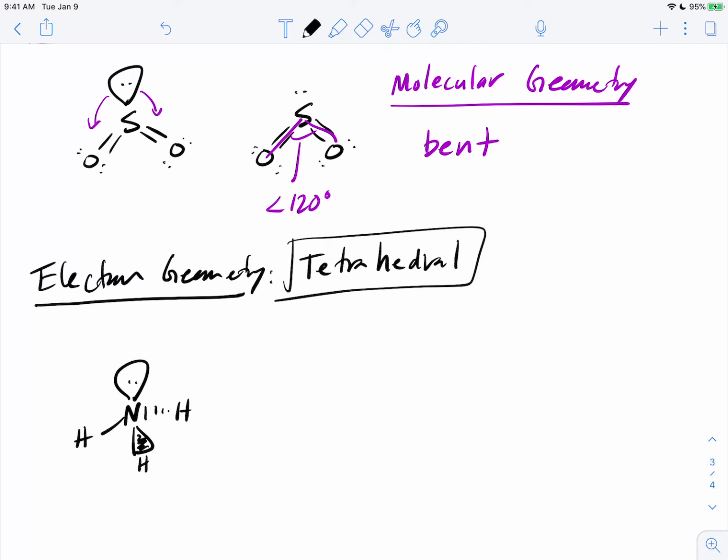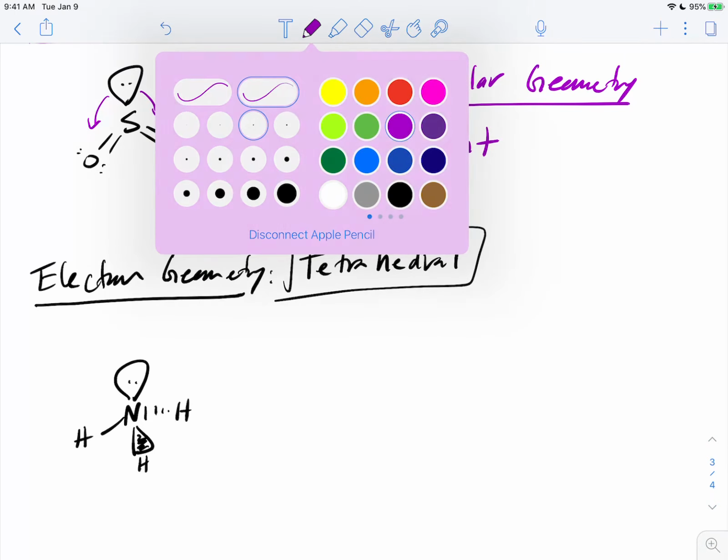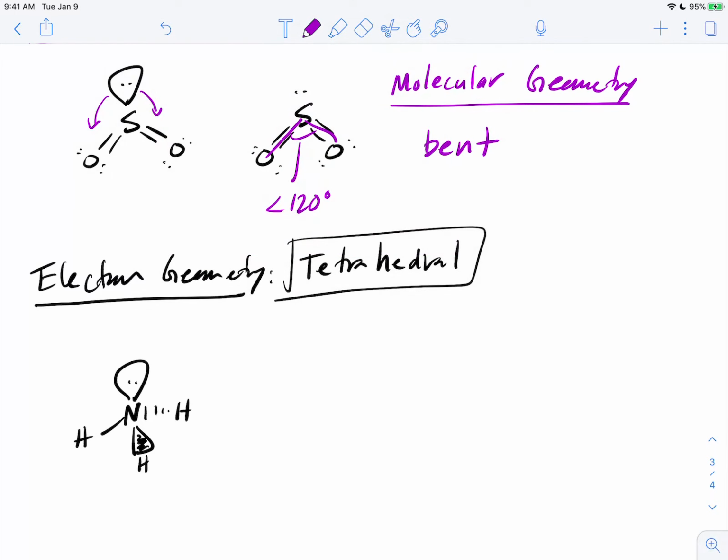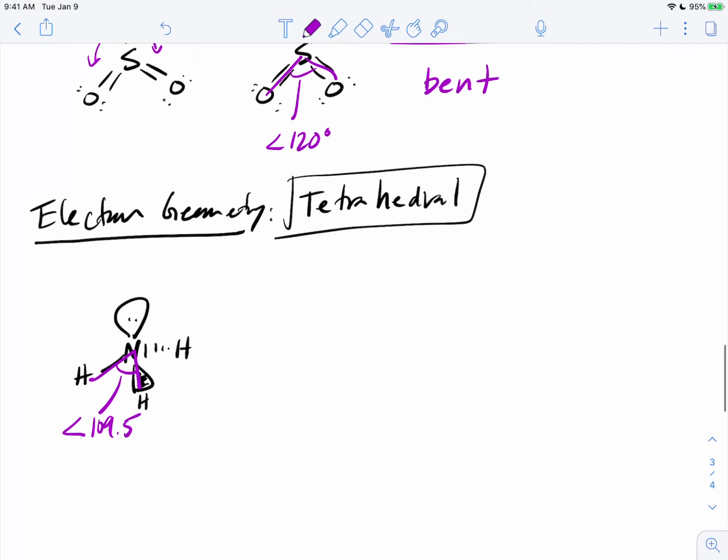Now, it was 109.5 for the bond angles for methane when we had CH4. Now, we can look at what these bond angles are, but we know that these bond angles, here to here, should be less than 109.5. We're going to be a little more specific when we talk about water next, but that's all you really need to know. We can check in the PhET simulation in just one sec.